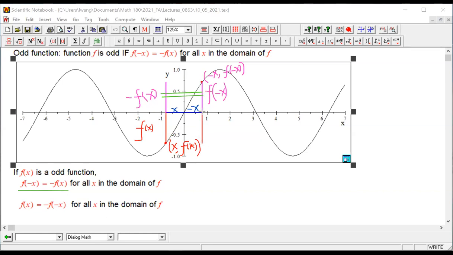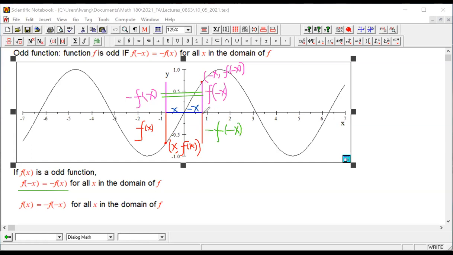Yes, one is above the x-axis. If I flip it over, it becomes below the x-axis. How do we express this red? That would be negative of f of negative x, right?